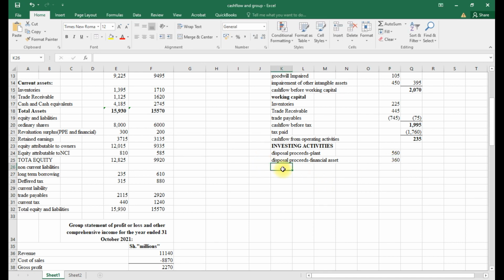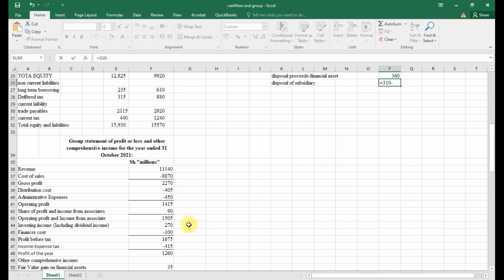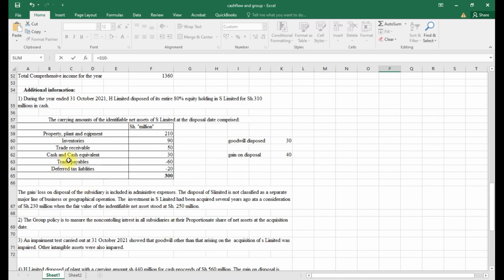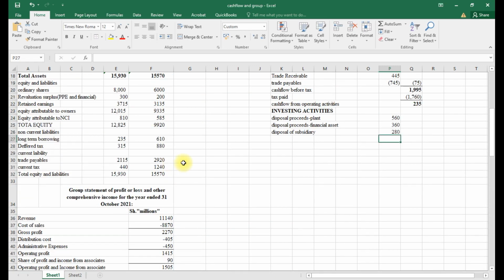The other thing is the disposal of subsidiary, and the subsidiary was sold at 310, but it had cash, so we shall minus, it had cash and cash equivalent of 30, so you can get that we received 280 from the disposal of subsidiary.